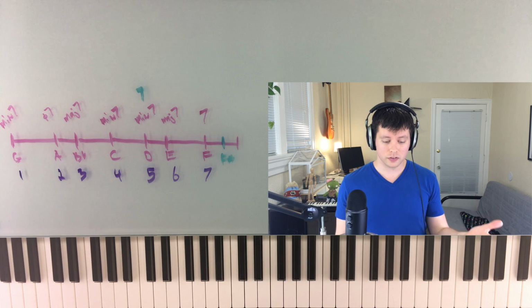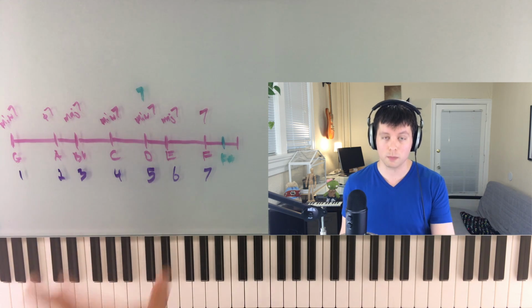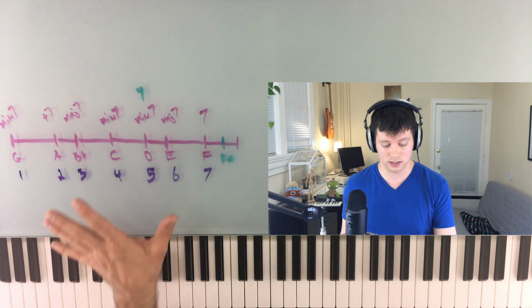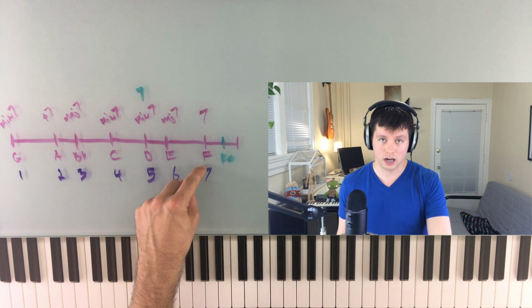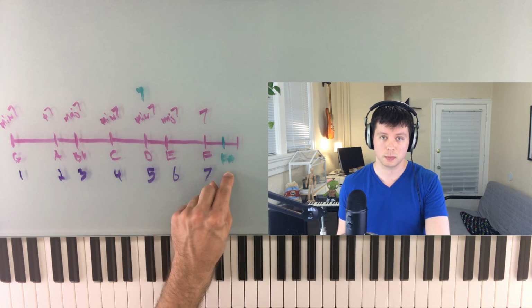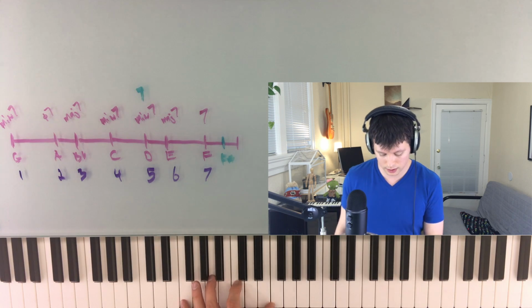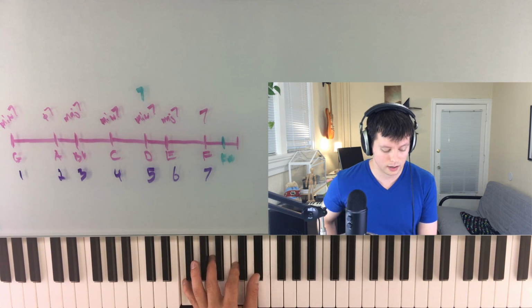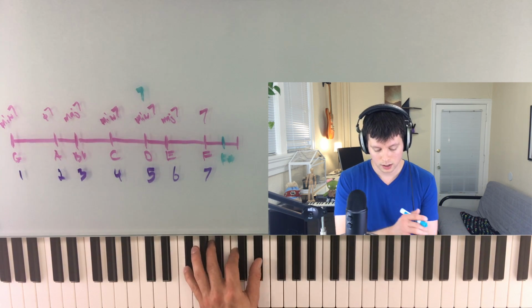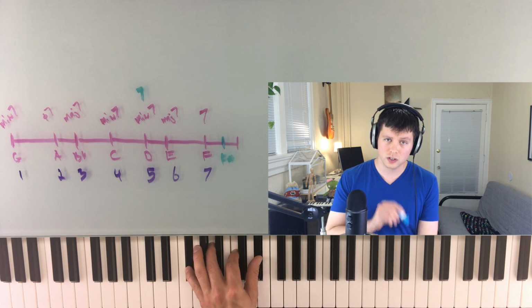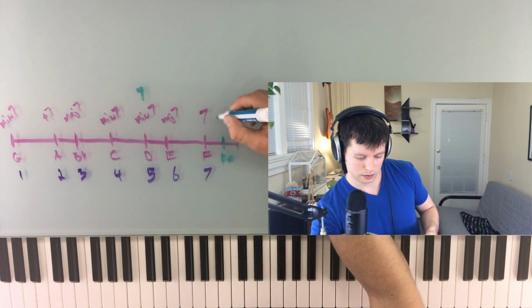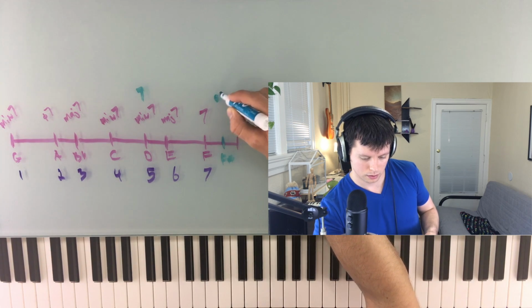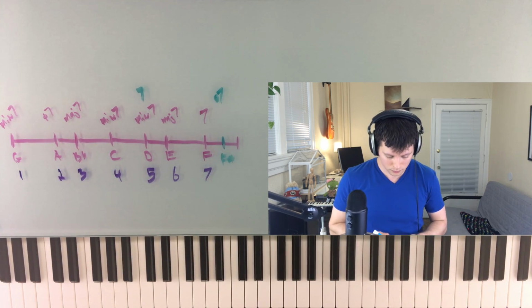And if you use the harmonic minor scale version of this instead, if instead of playing the F dominant 7 chord, you scoot this over to be an F sharp, so instead of that, you do this. That is how you get the fully diminished 7th chord. That would be that one.